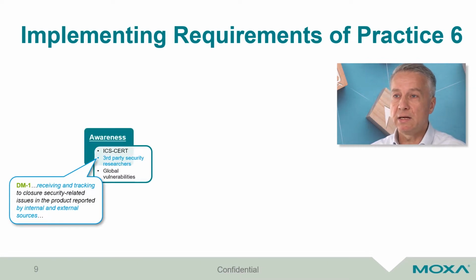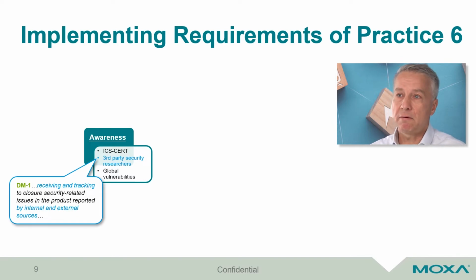So we create a lot of awareness. We look into which product is affected by a potential vulnerability. We work very closely with ICS-CERT, with third-party researchers, but even more, we enjoy working together with our customers.